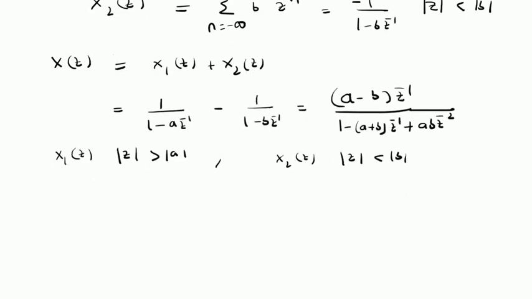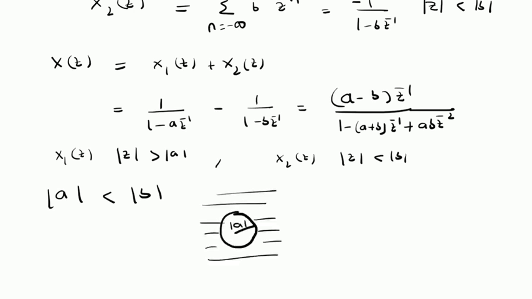For the first case, where absolute value of a is less than absolute value of b, the ROC for x1 of z is the region outside the circle of radius absolute value of a, and for x2 of z, the ROC is the region inside the circle of radius b.